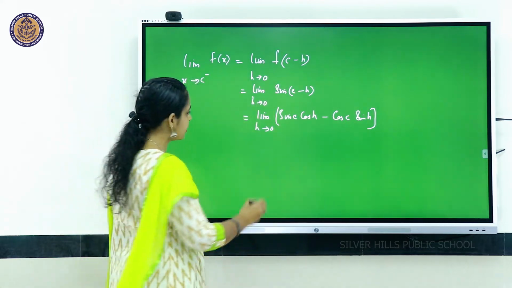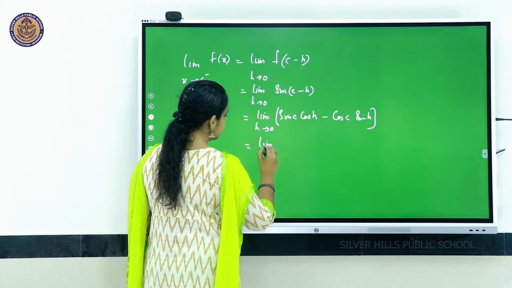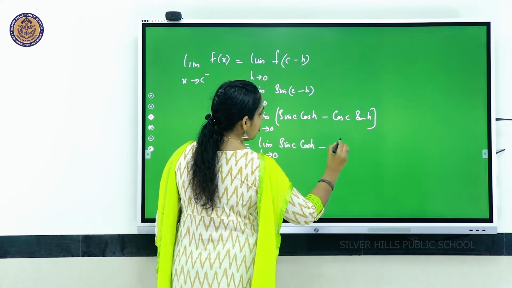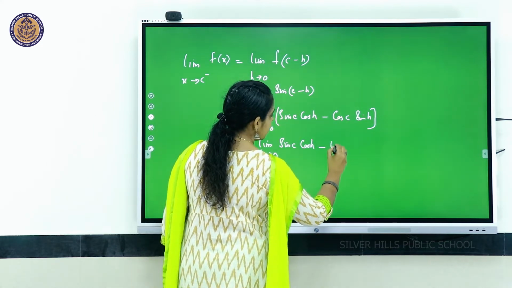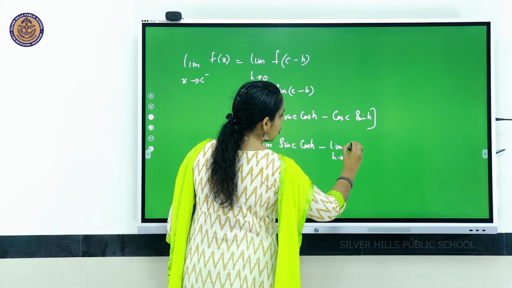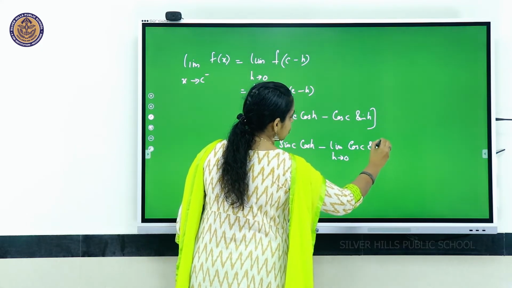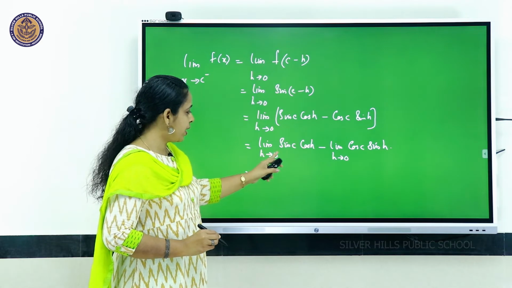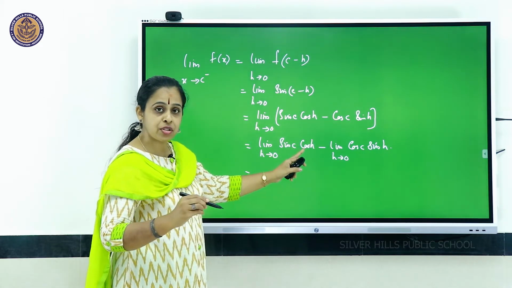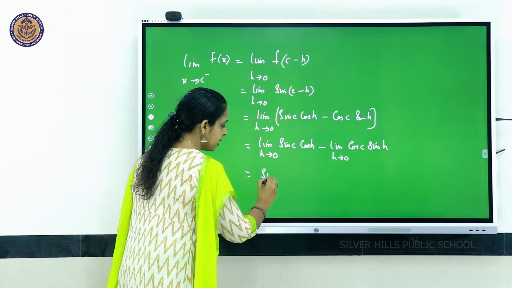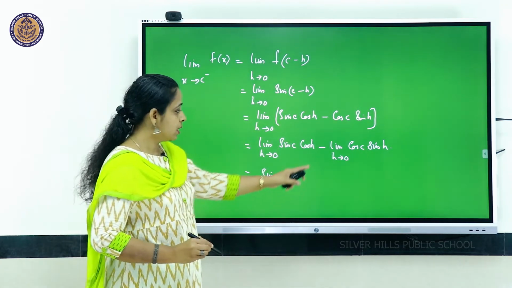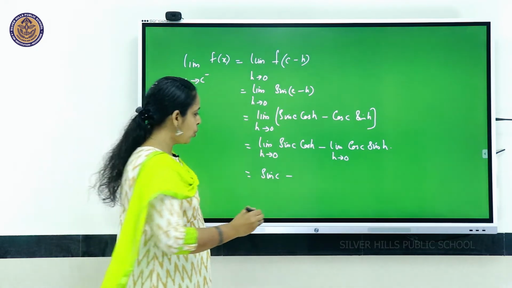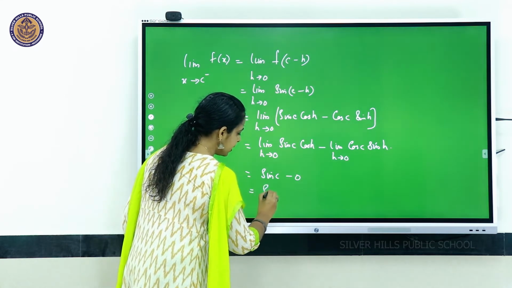Let us distribute the limits. Limit h tending to 0 sin C cos h minus limit h tending to 0 cos C sin h. sin C is constant. When h is approaching 0, cos h will tend to 1. So, here comes sin C minus cos C is constant, h is tending to 0, sin h will tend to 0. So, minus 0, you are getting sin C.